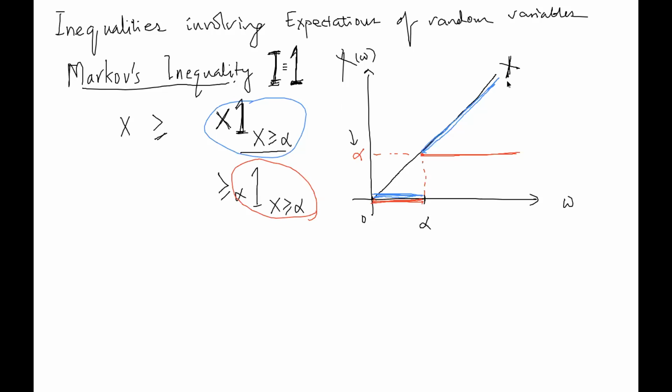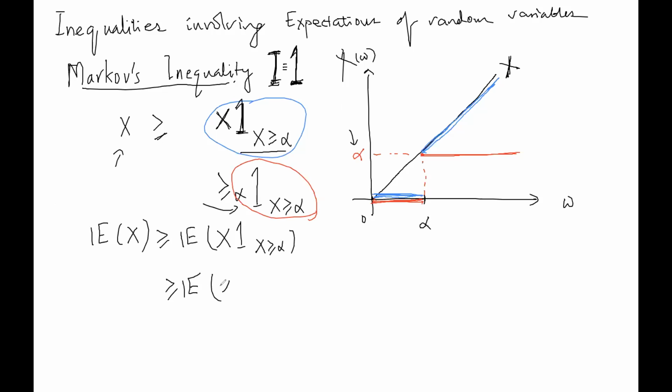Okay. Therefore, you start from here, you come until here, right? So you take expectation on both sides, and you will get the expectation of x greater than or equal to the expectation of this, and this is greater than or equal to the expectation of alpha times this.